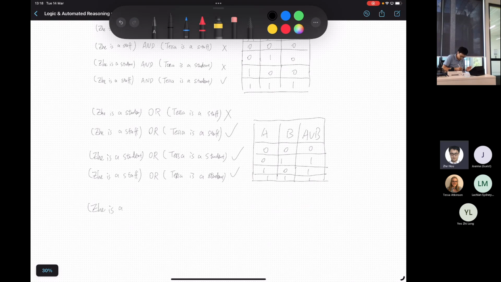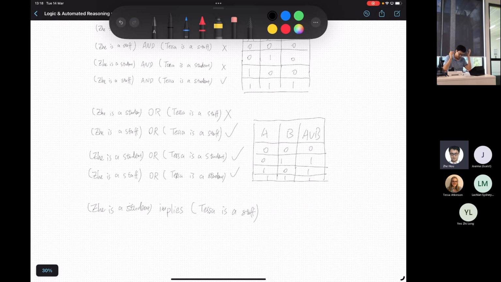Z is a student implies Tessa is a staff. It reads very funny. It may not even read as something that makes sense.